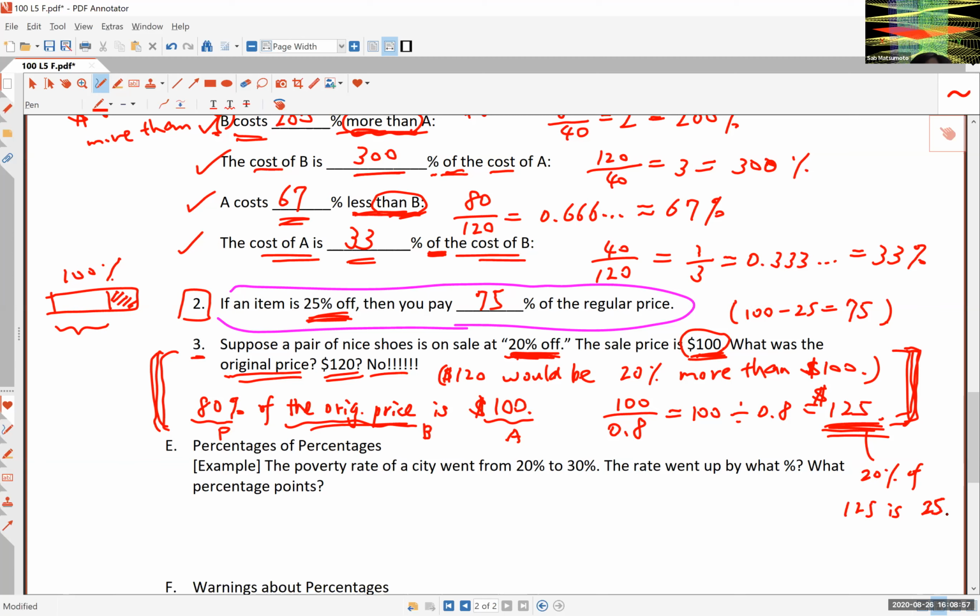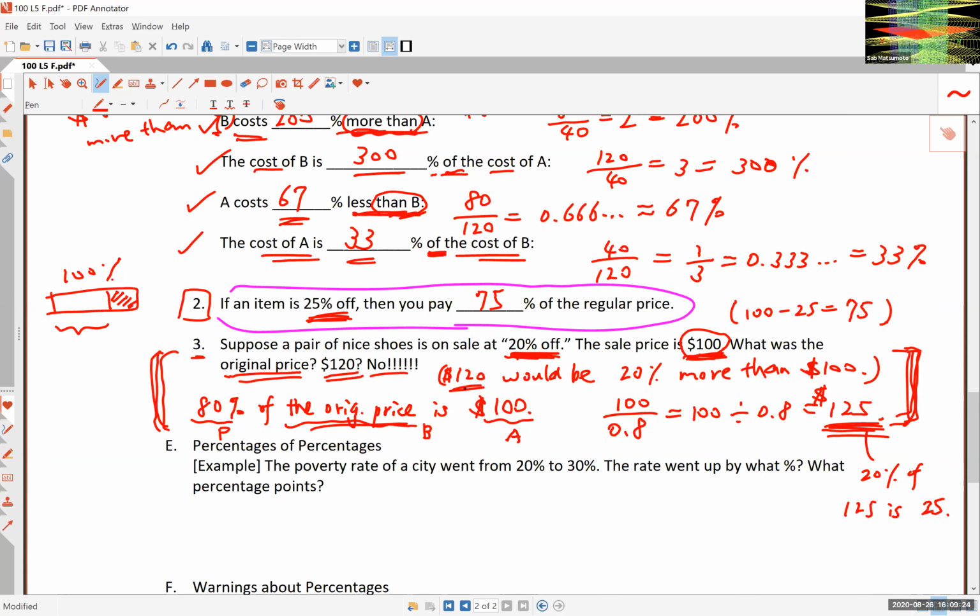That's 25. So you do get $25 off when you get a 20% discount. And so 125 minus 25 is exactly 100. So this is the right answer. See, the problem is if you take 20% of 120, that would be a $24 discount, and you would be buying this for $96 and not $100.